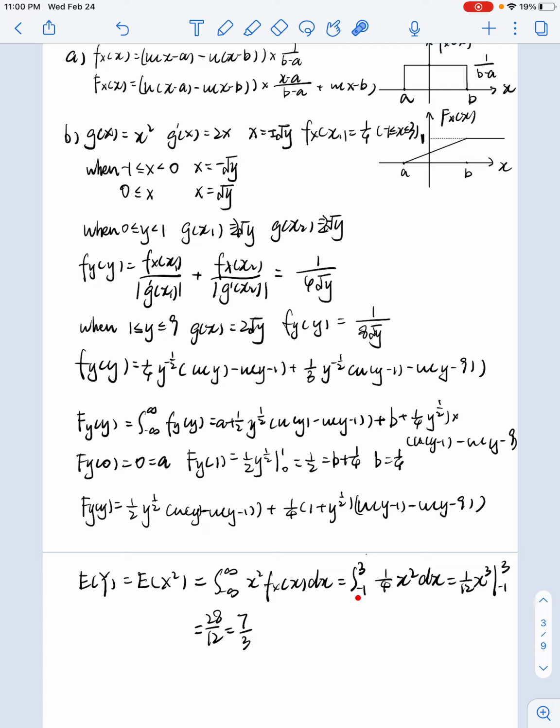We can just do the integral using this one, and so it would be the cube of 3 minus the cube of -1, which is 28 over 12. So the result is 7 over 3.